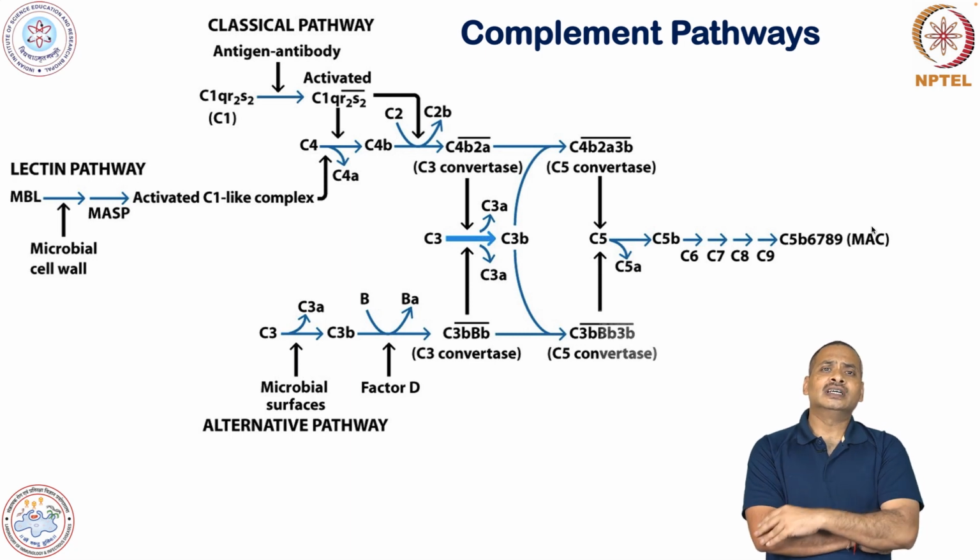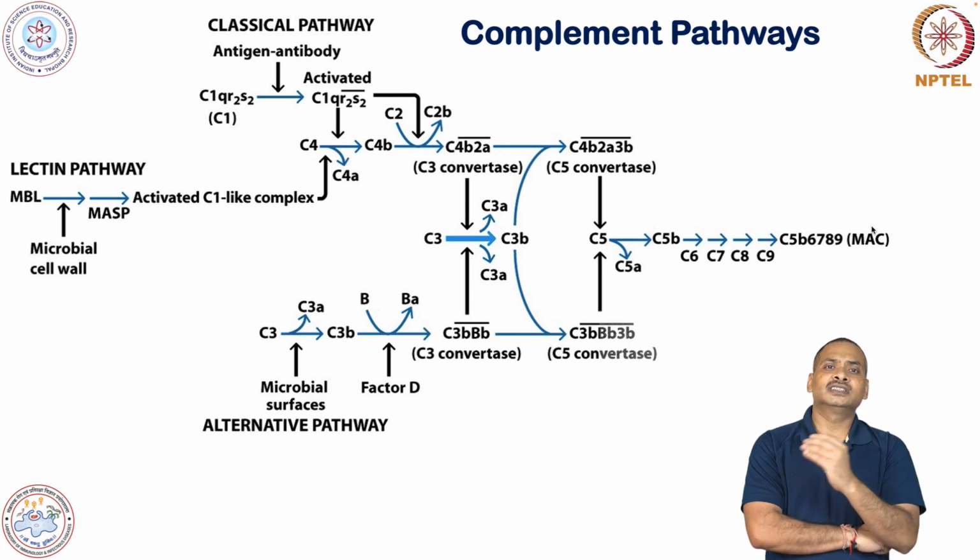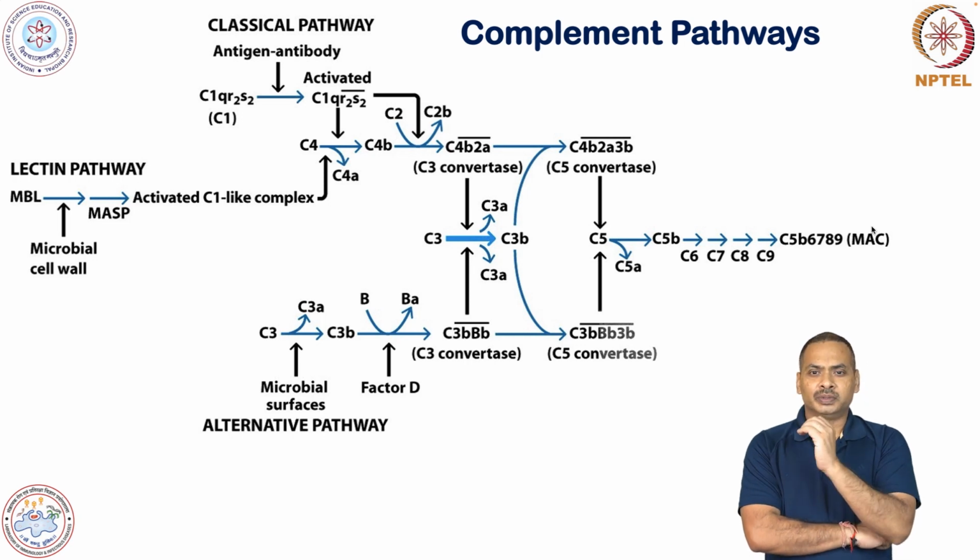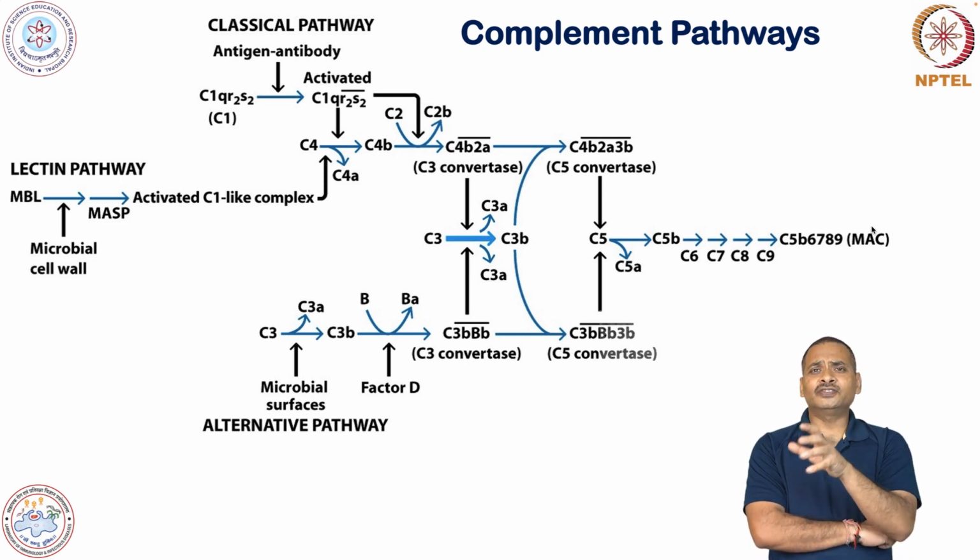Here you can see that C5 convertase is C3b, C3b, Bb, C3b. Okay, so this is the C5 convertase.